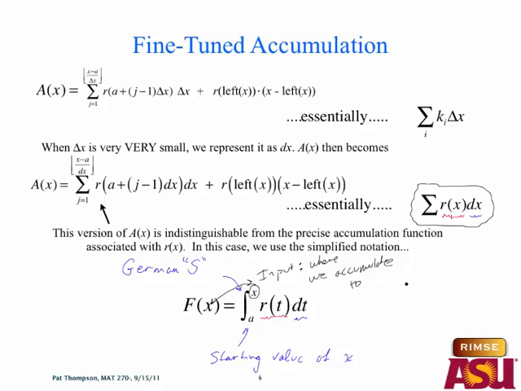So this integral notation is a representation of what this essentially is, which is a sum of a whole lot of very small bits, K delta X. We're still talking about K delta X here.